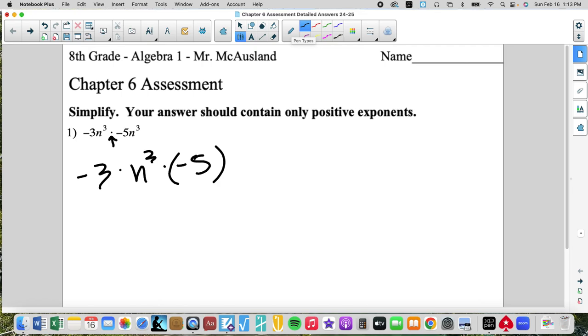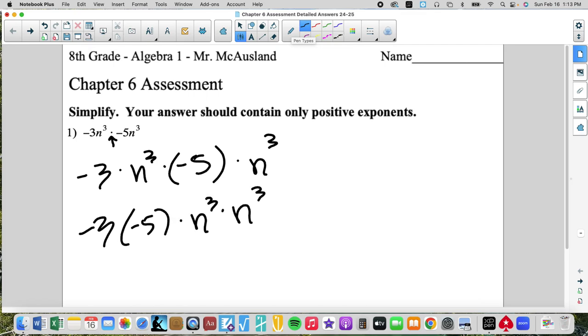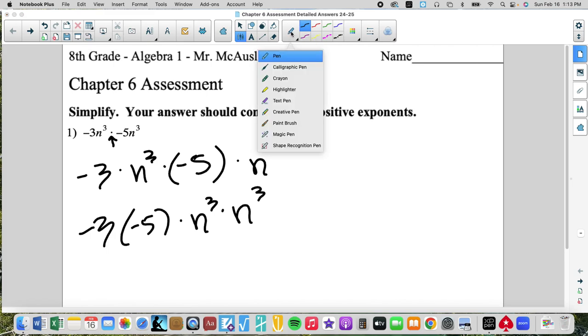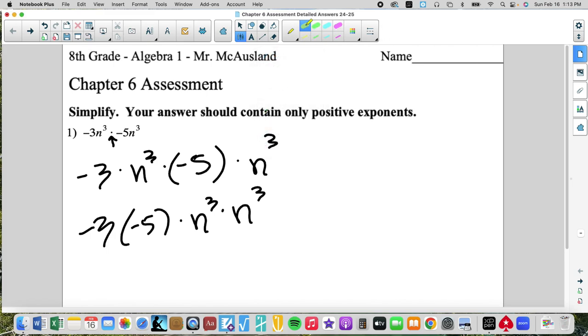So we have -3 times -5, and we have n to the third times n to the third. We treat coefficients differently than we treat bases with exponents. So coefficient times coefficient is -3 times -5. That's very basic. That gives me 15.